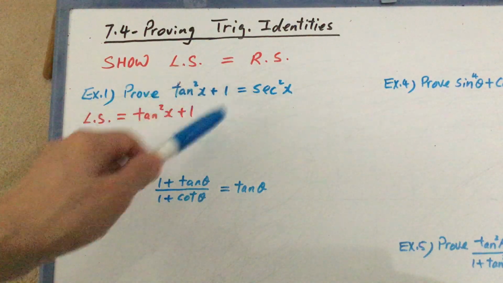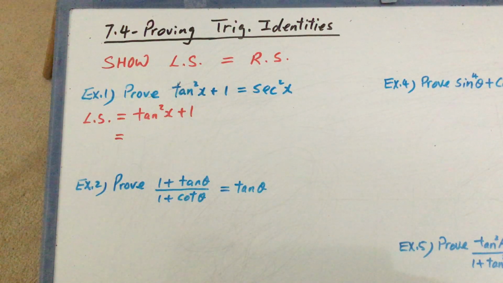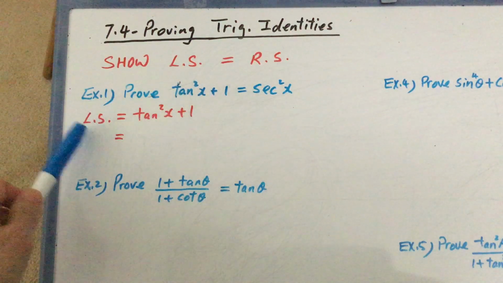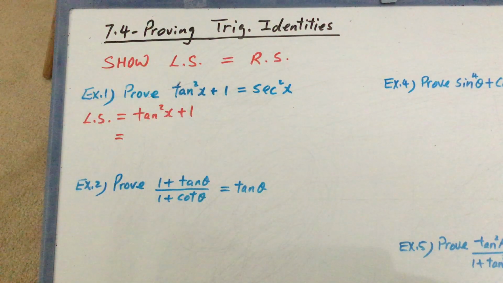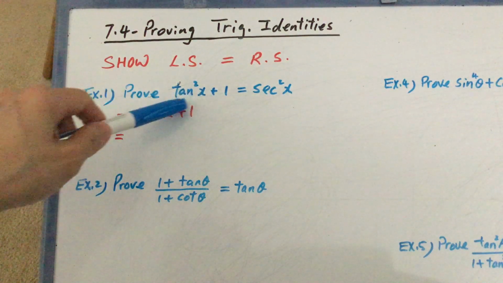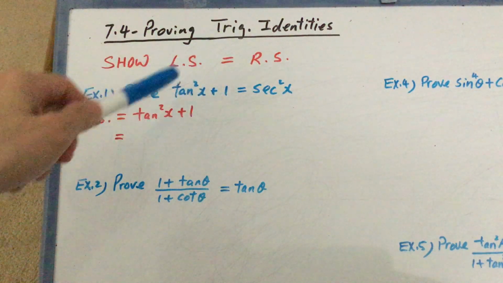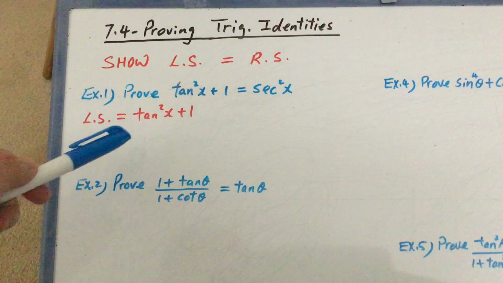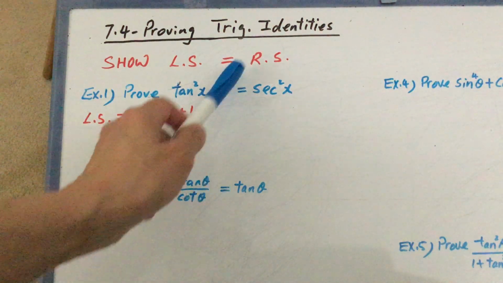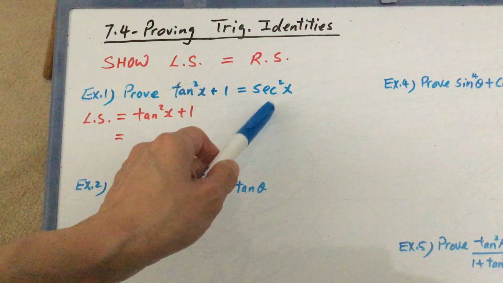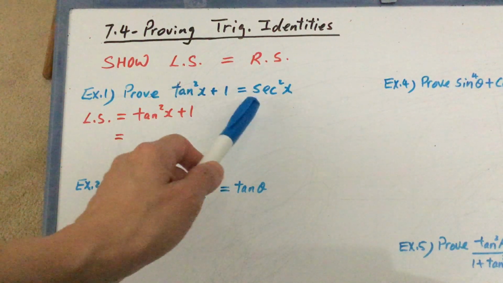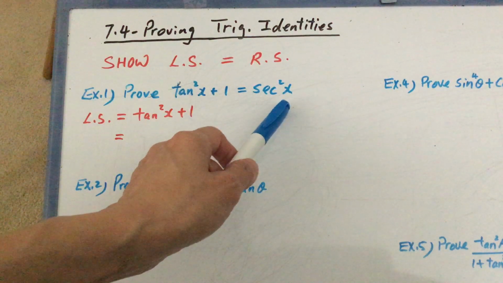In example number one, I'm going to pick the left side because it is the longest, which will allow me to do more things. You will never pick a side that is too short, where there's not much that you can do, such as secant squared x.